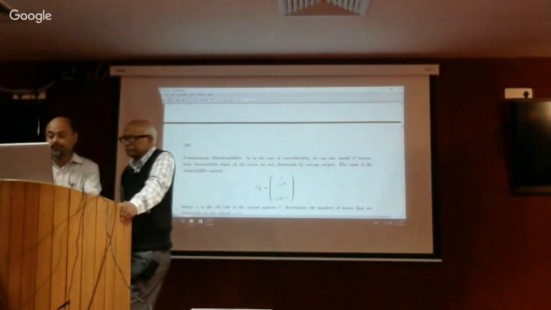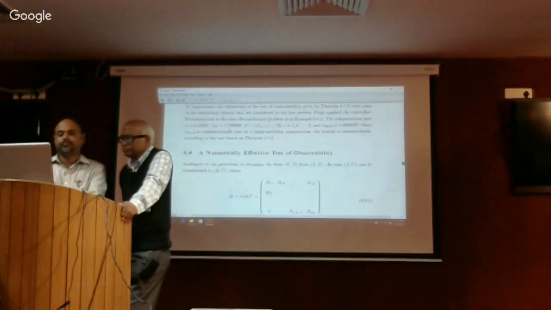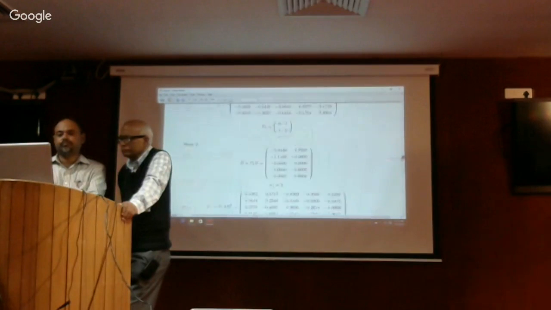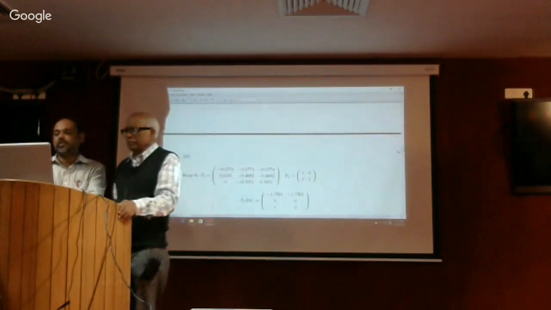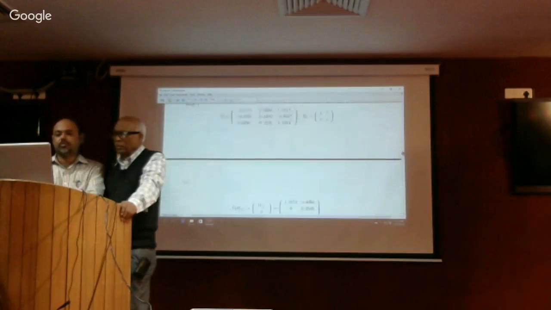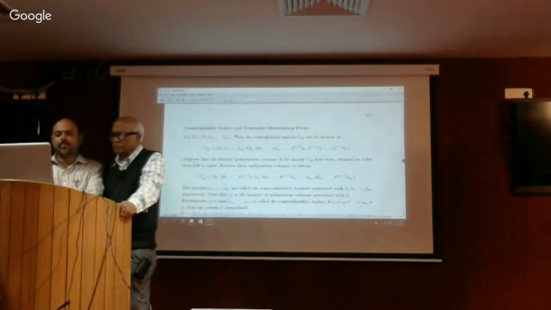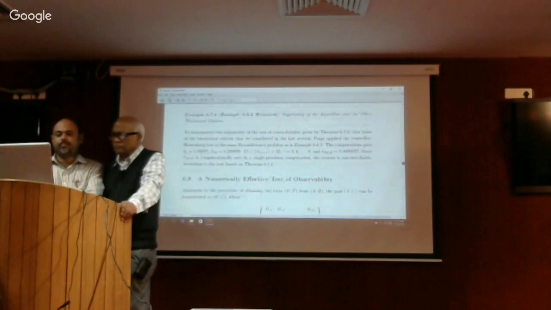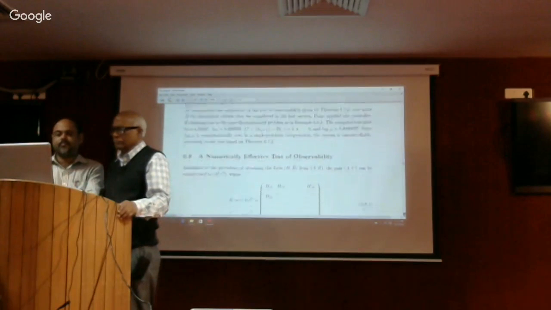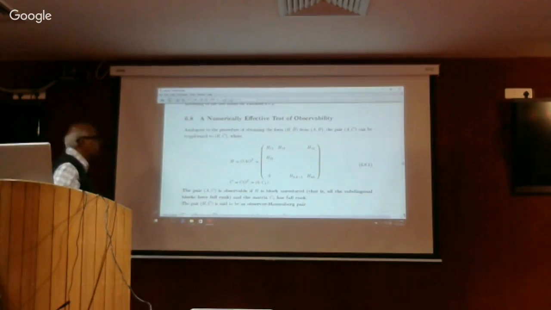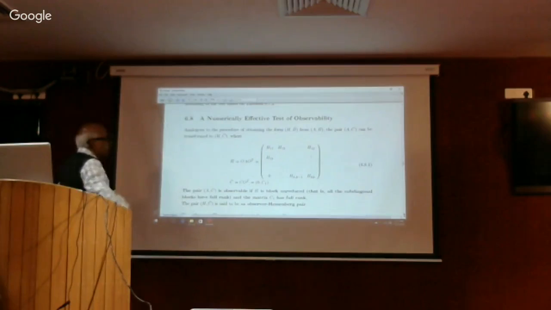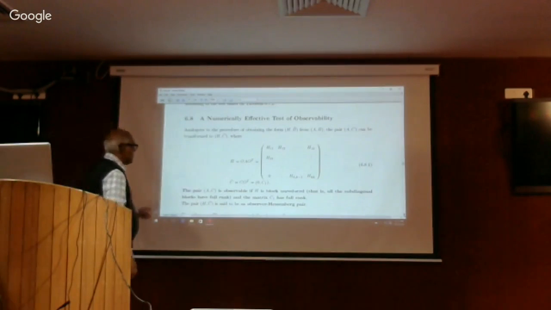Here we work with the pair A, C instead of A, B, and we can again show that there exists an orthogonal matrix O such that O transpose A O is a block Hessenberg matrix again of the same form, and the matrix C.